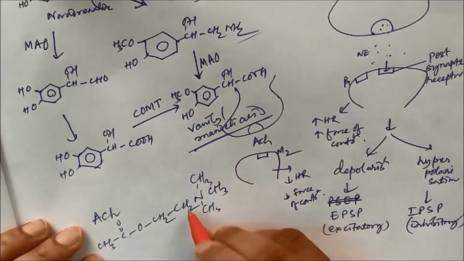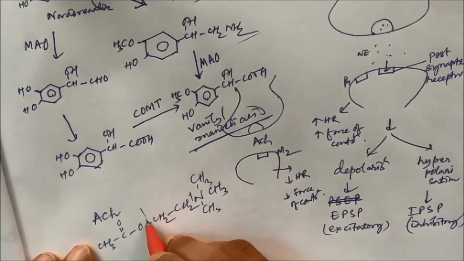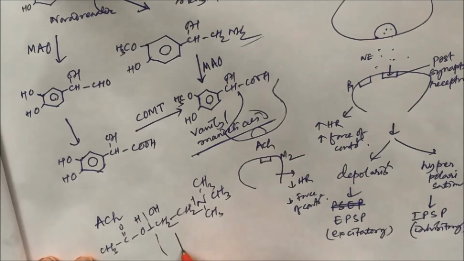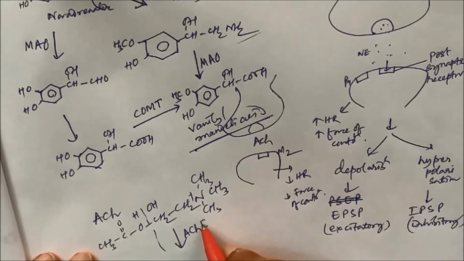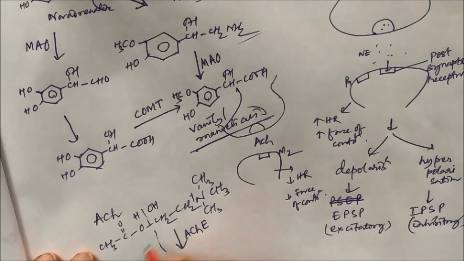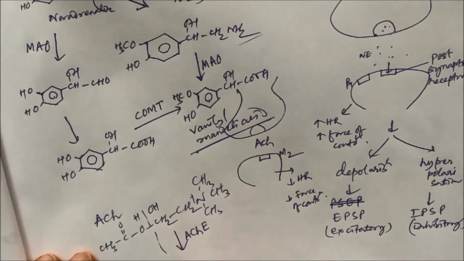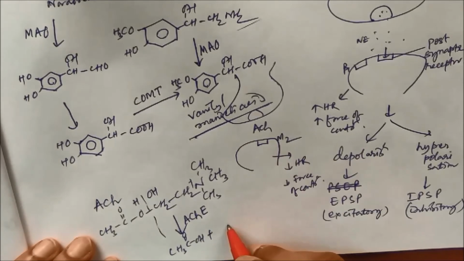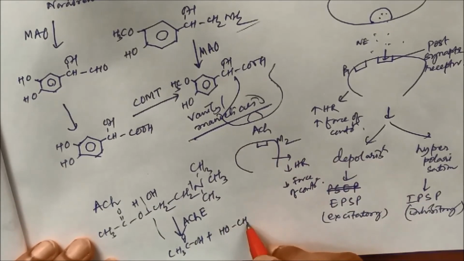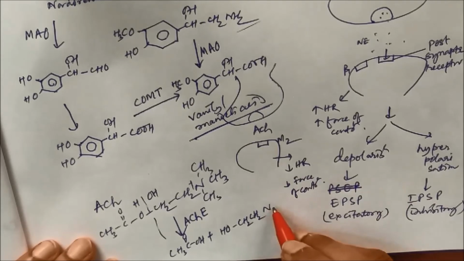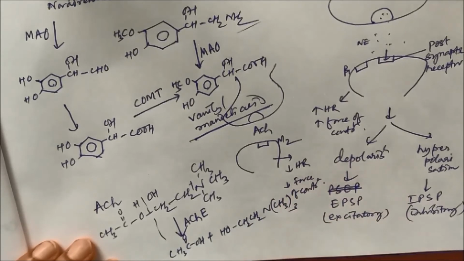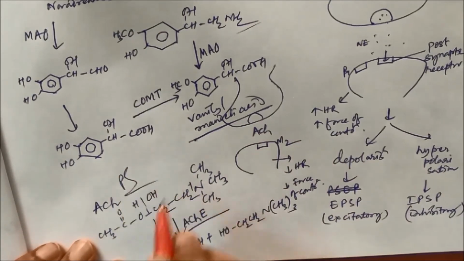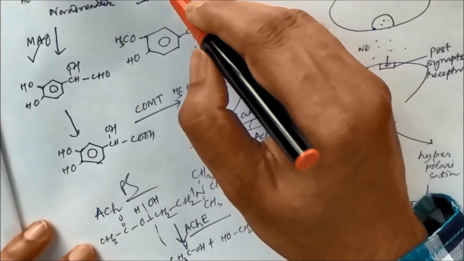So this is an ester, and because of hydrolysis by the action of acetylcholine esterase, the enzyme is the esterase, so hydrolysis will be there, and this will form acetic acid CH3COOH plus choline. So there will be degradation and there can be termination of action. So here the enzyme is acetylcholine esterase in parasympathetic, and in sympathetic two enzymes are there, MAO and COMT.